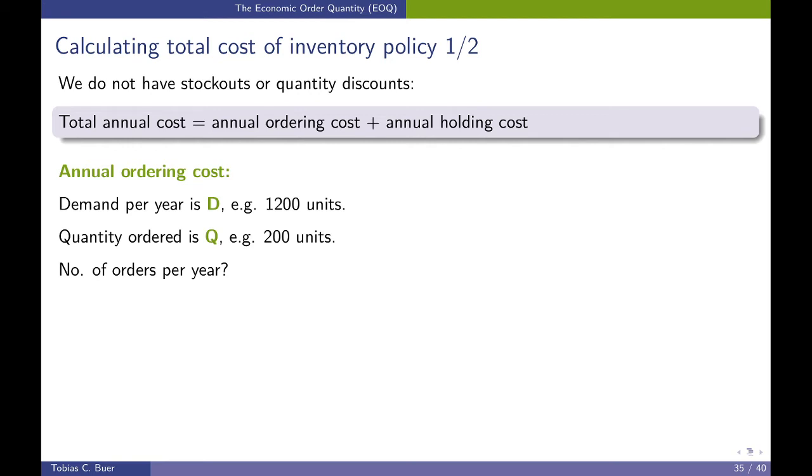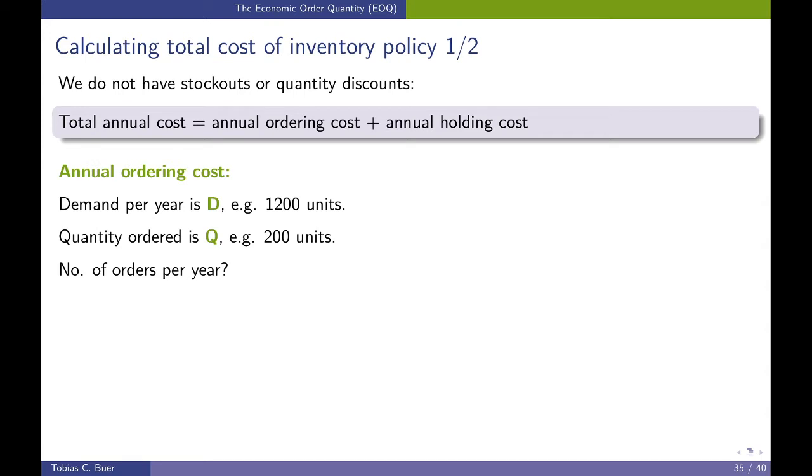Now, based on these assumptions for the economic order quantity, we would like to calculate the total cost of inventory. How much cost do we spend per year on our inventory? The total cost in this model is made up of annual ordering cost and annual holding cost.